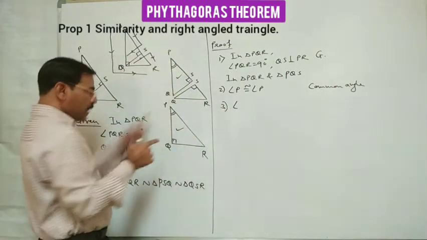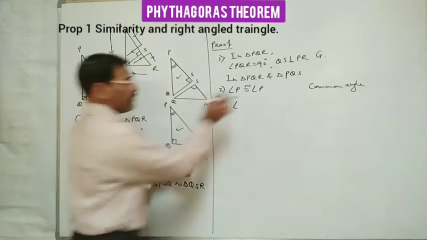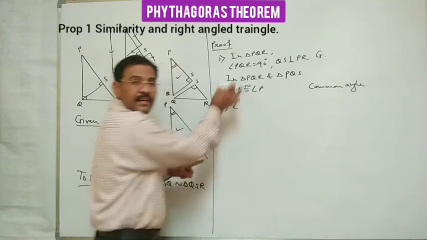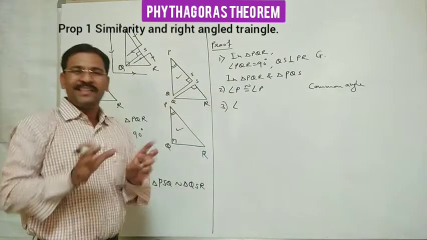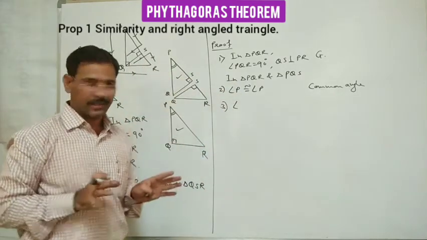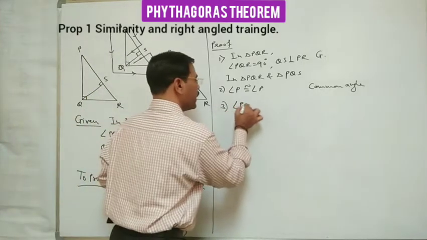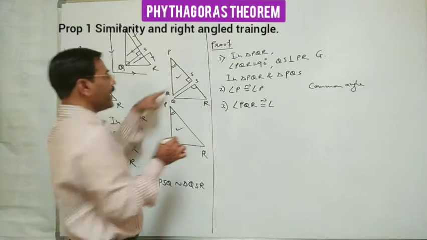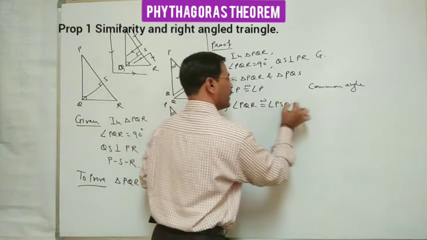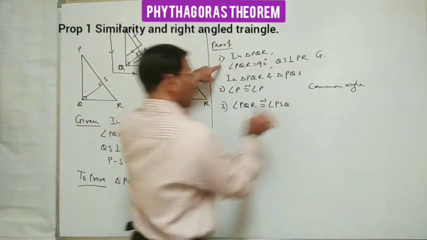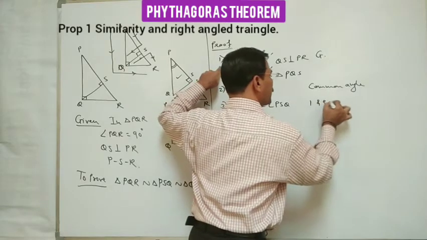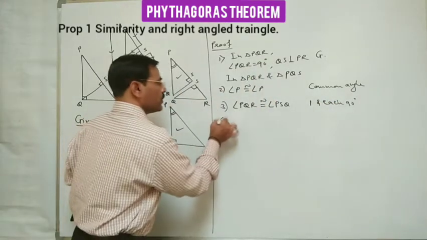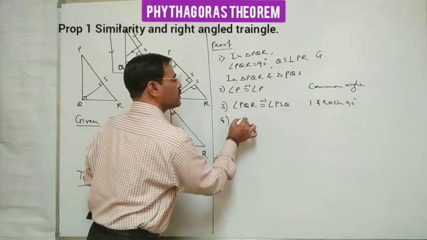Here it is, angle PQR. When you take the name of the first triangle, the first element should be of the same triangle. This is one discipline in this geometry. So take first PQR, which is congruent to 90 degrees, PSQ. Each 90 we can write here. Now the two triangles become similar.